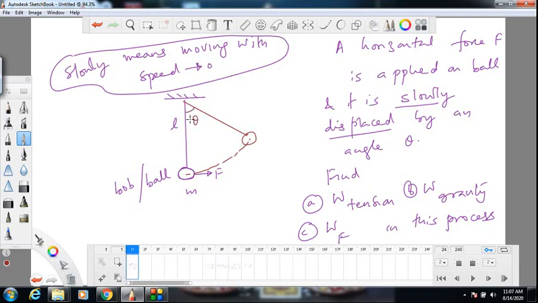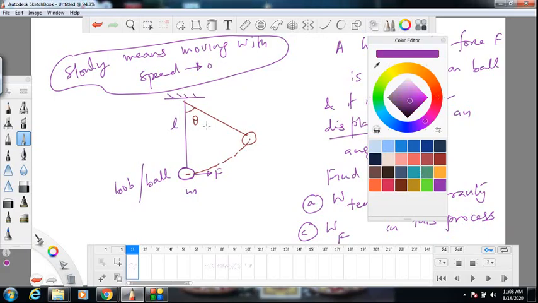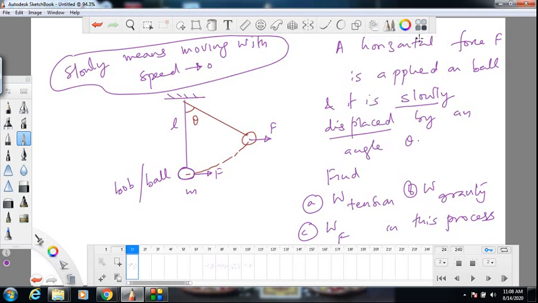In this process, you have to find work done by tension acting on the ball, work done by gravity acting on the ball, and work done by F, the horizontal force acting on the ball. This force F is always horizontal only. The direction is horizontal. What about the magnitude? We don't know. It may be changing, it may be not changing. We have to investigate that.